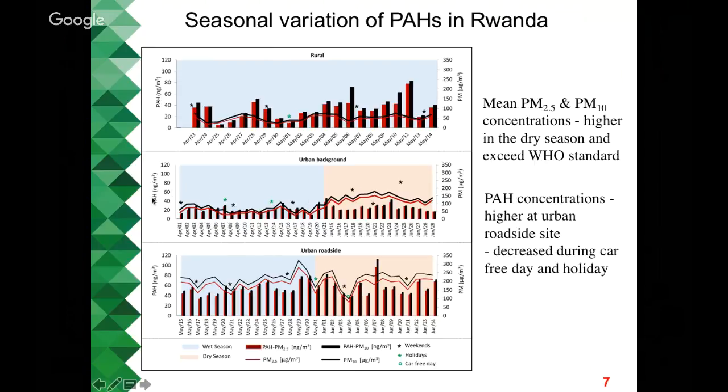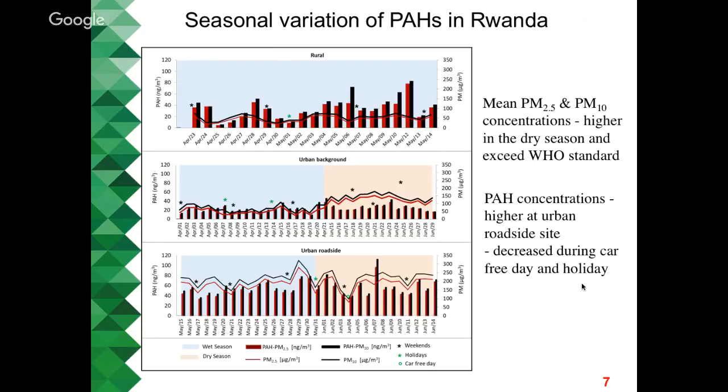The same goes for PM 10, which is above 50 micrograms per cubic meter, the standard of WHO. PAH concentration was found significantly high in the dry season, and this blue one is the wet season. We have only 2 seasons in Rwanda. So it was significantly higher in the dry season than in the wet season.